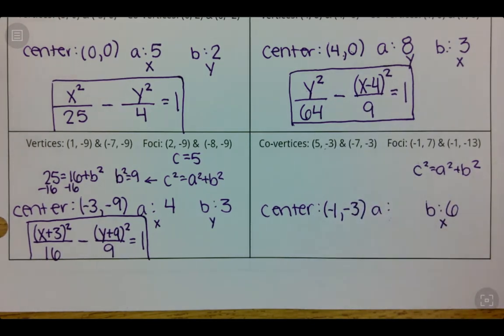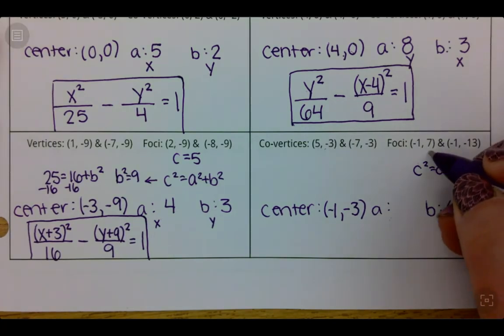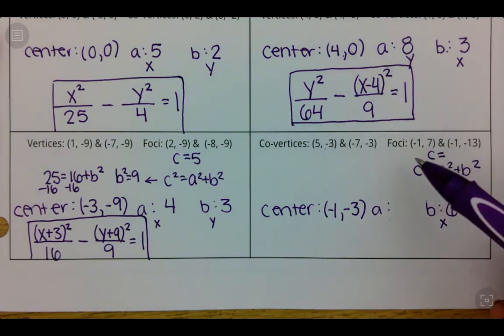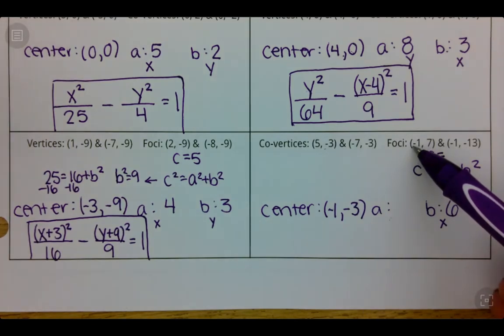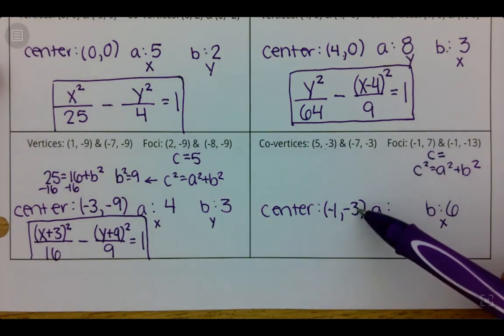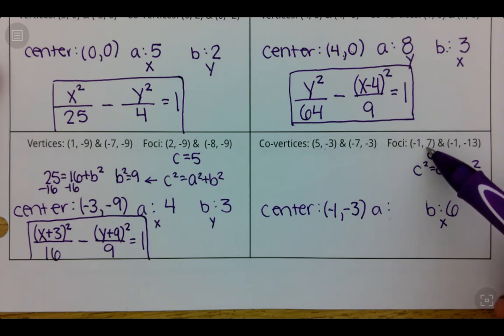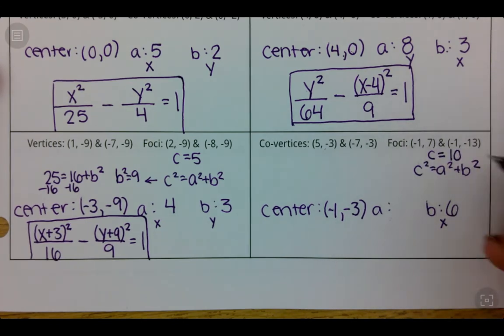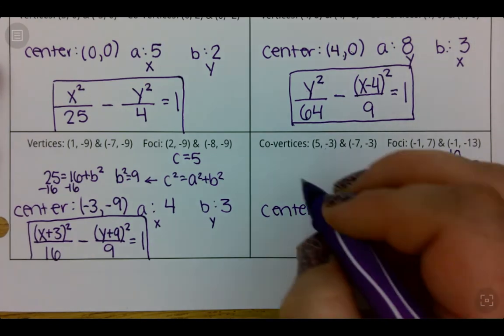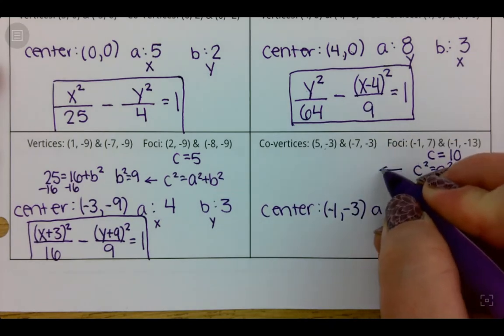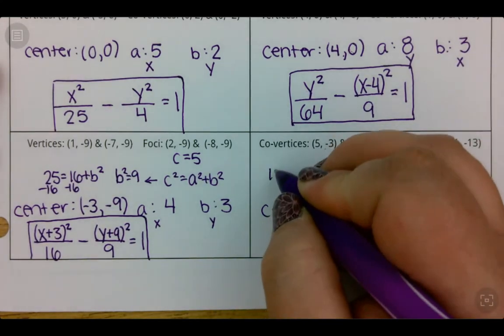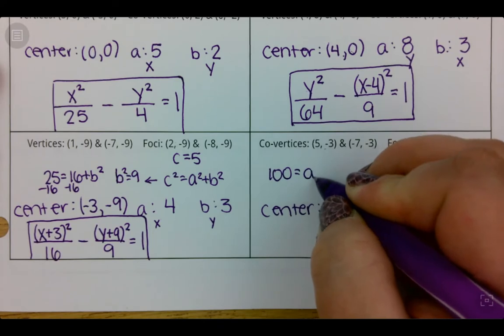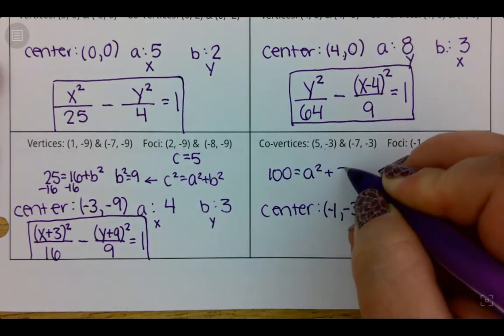So we know that B is 6, and we know over here that C from -1 to 1 is the same, so that's not the distance we're looking for. From -3 to 7 is 10, so C equals 10, which means if I plug in C squared and B squared, 100 equals A squared plus 36.